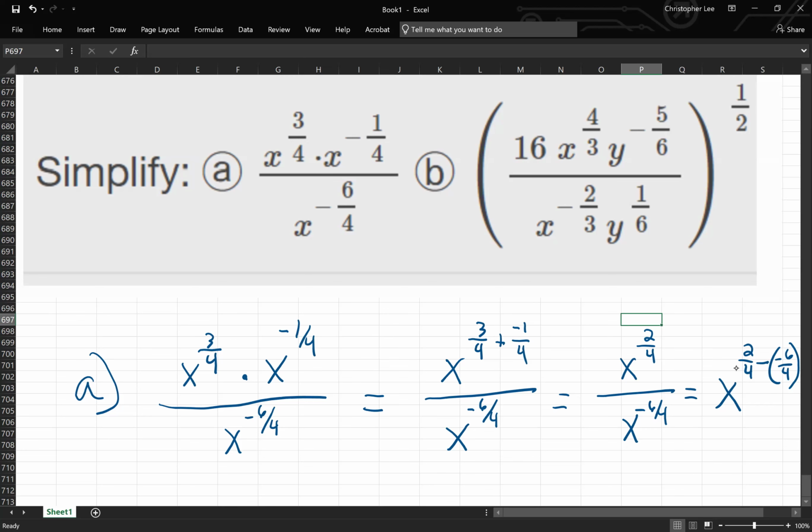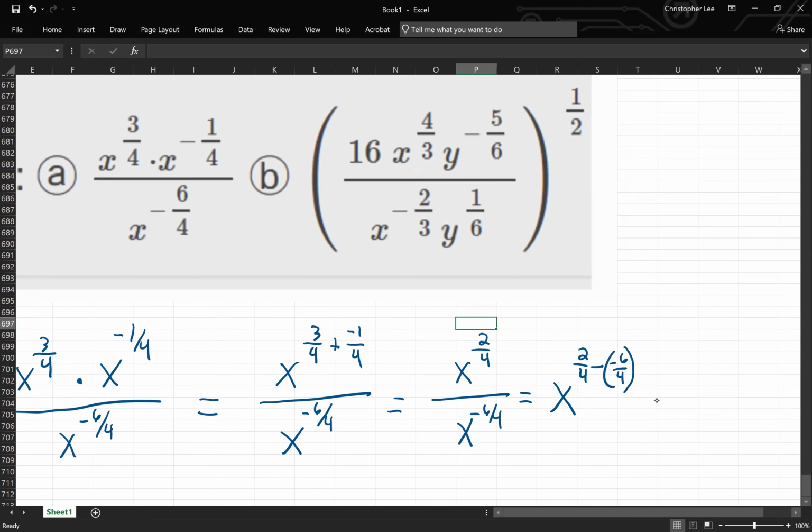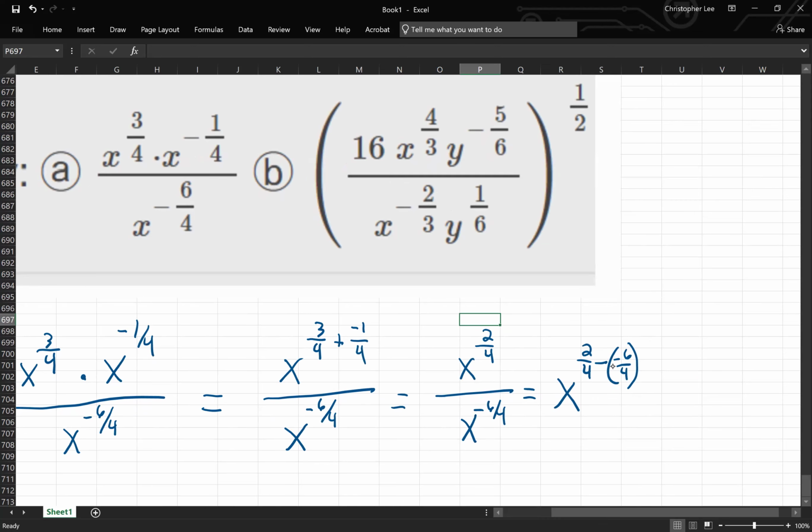Just like that. All right? Now, a negative times a negative is a what? Positive, right? So this just becomes x to the 2 plus 6 over 4. Call that x to the 8 over 4. Now, what's 8 divided by 4 again? So this is x squared. That's the answer.